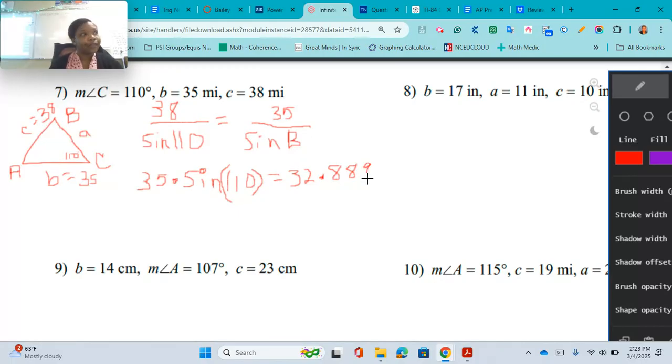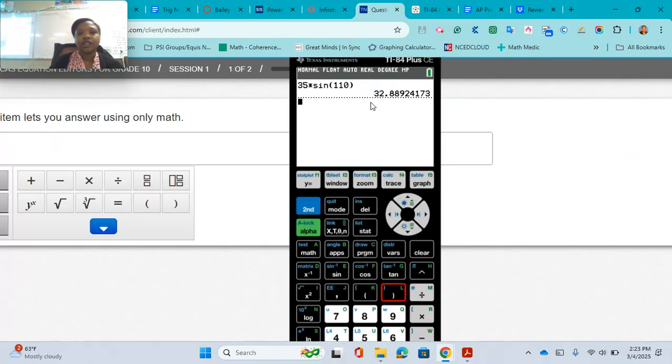What do we do next? We divide it by what's left, which is the 38. So in my calculator, I'm going to put divided by 38, and I have 0.8655.